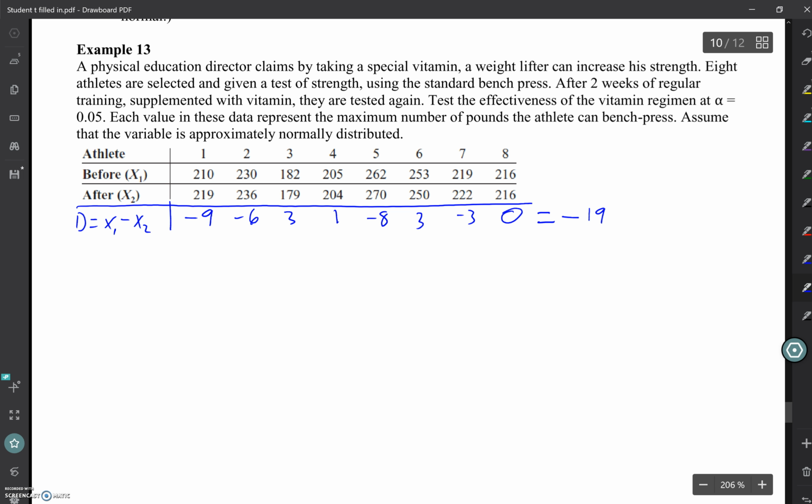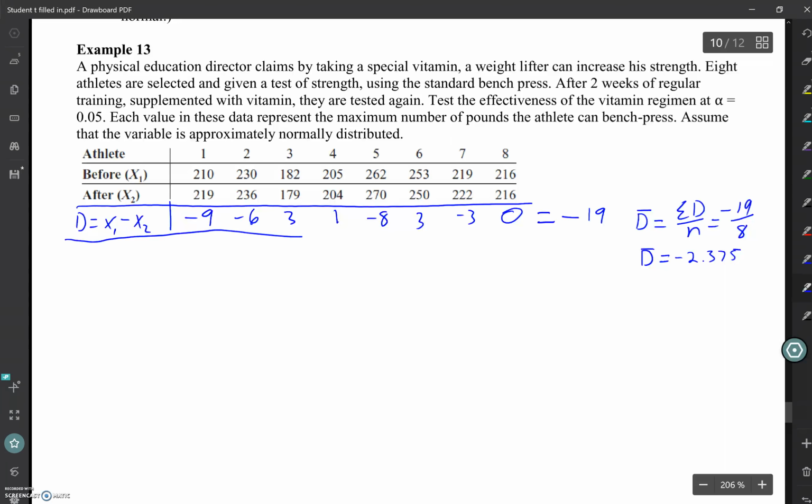And then I can say that my d bar, which is the sum of the d's divided by n, is going to be negative 19 divided by, how many differences do we have? 8. So your d bar is going to equal negative 19 divided by 8, which gives me negative 2.375. So that's part of the information that I need.